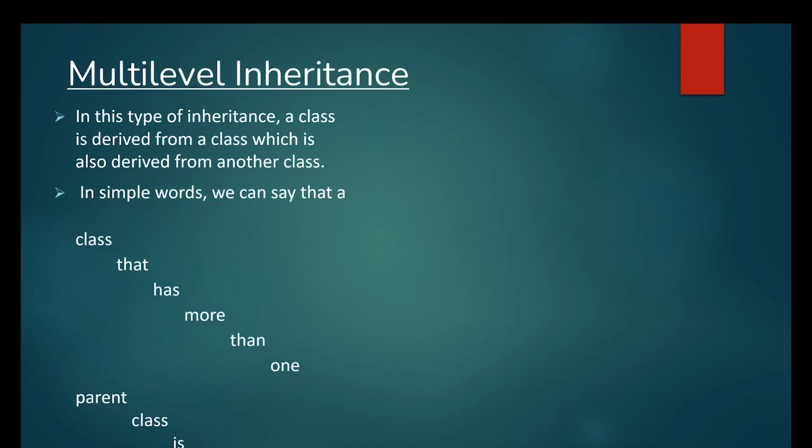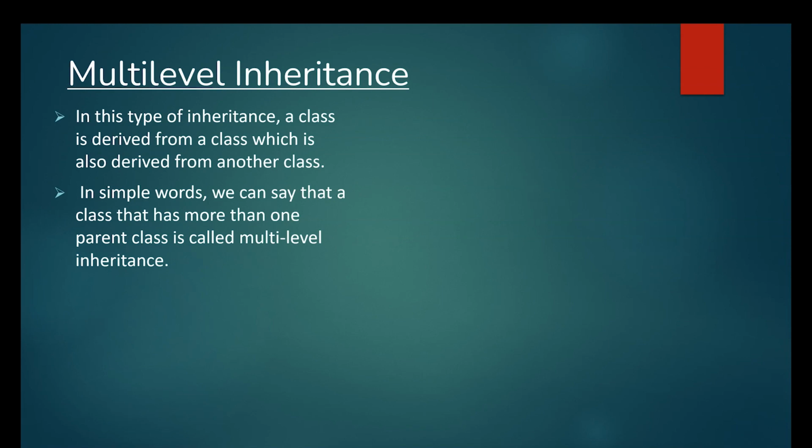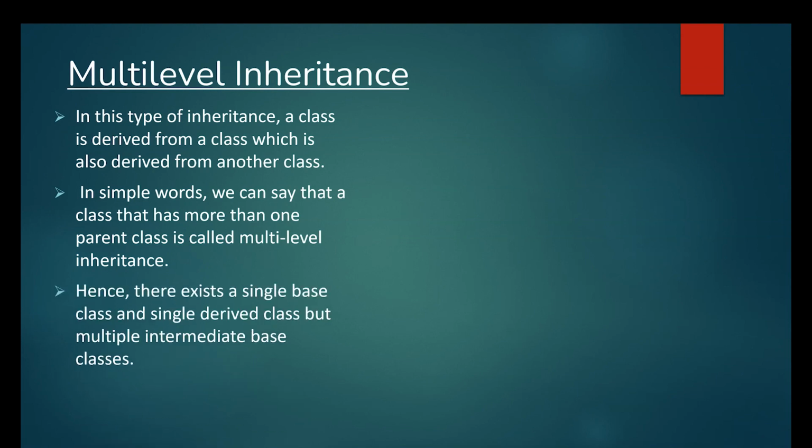Now, the next point about multi-level inheritance is we can say that a class that has more than one parent class is called multi-level inheritance. So, if you see the next point, there is just a single base class and single derived class, but multiple intermediate base classes, right?